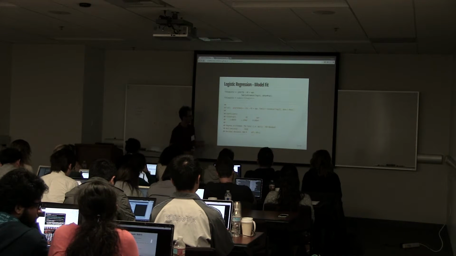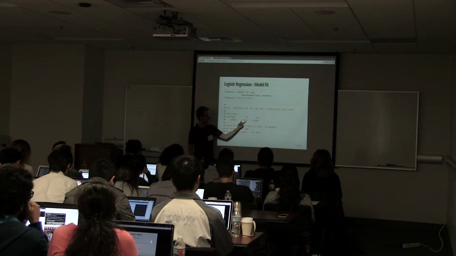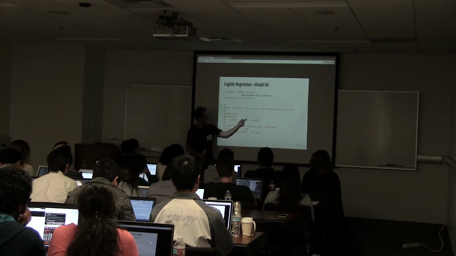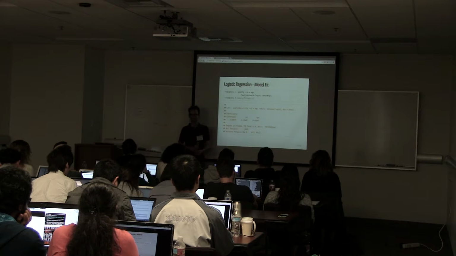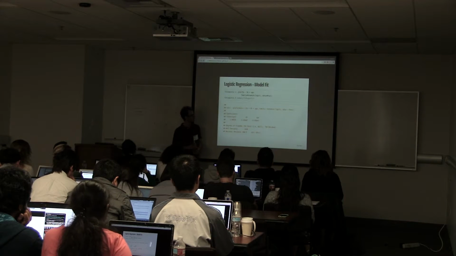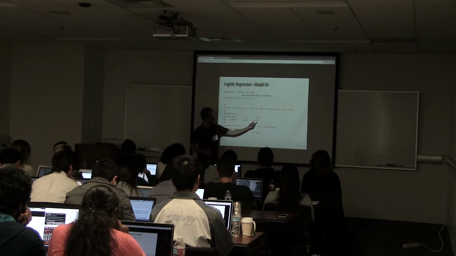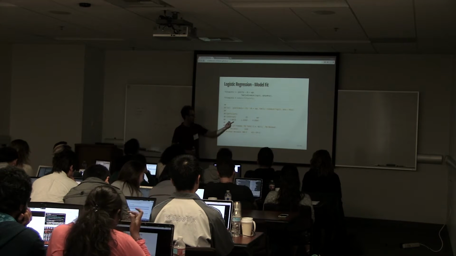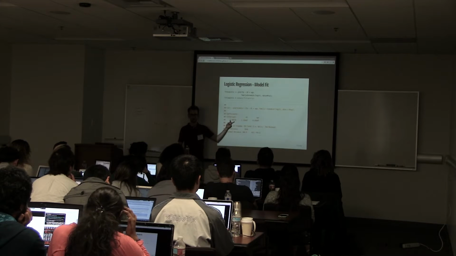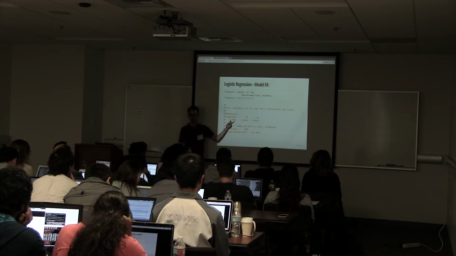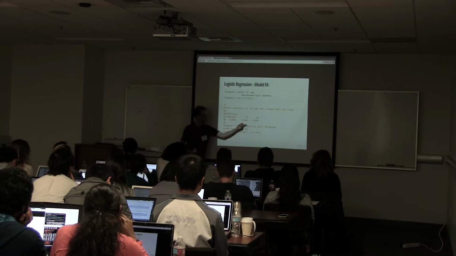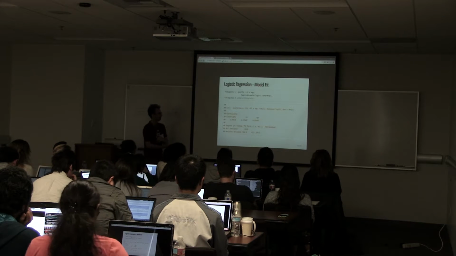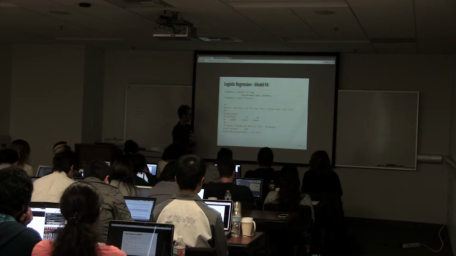K5 has a negative influence. That means that if you have children less than 5, you're less likely to participate in the labor force. That seems correct. And age is also negative, but has a much smaller effect. And then this corresponds to the baseline probability of participating in the labor force. So the interpretation of these coefficients changes from the linear model, but other than that, it's pretty analogous.